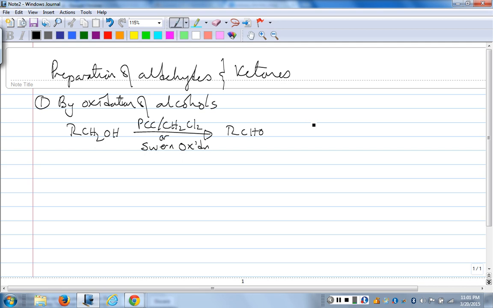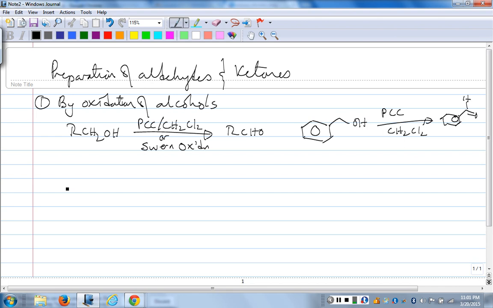So, for example, I can take benzyl alcohol and treat it with PCC and methylene chloride, and that will generate benzaldehyde. And although aldehydes are further oxidizable, these reagents will not oxidize the aldehyde any further.